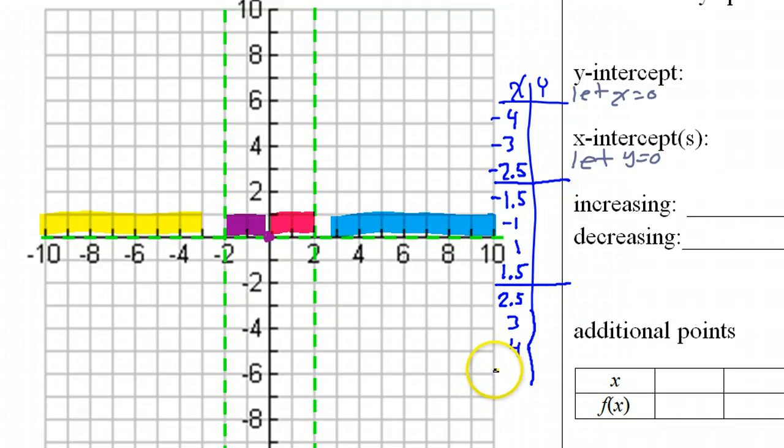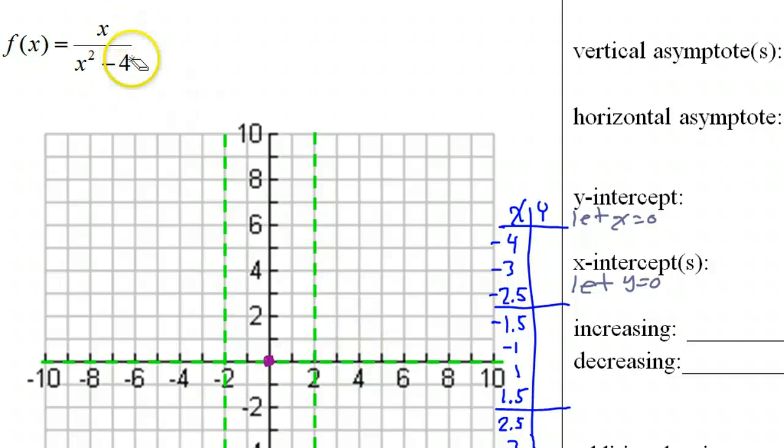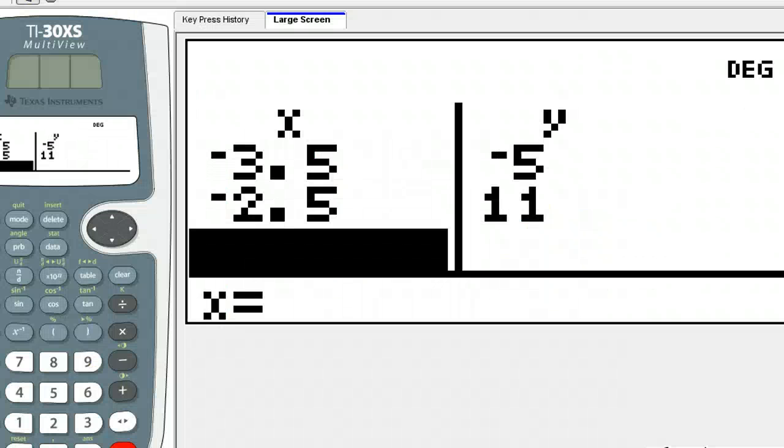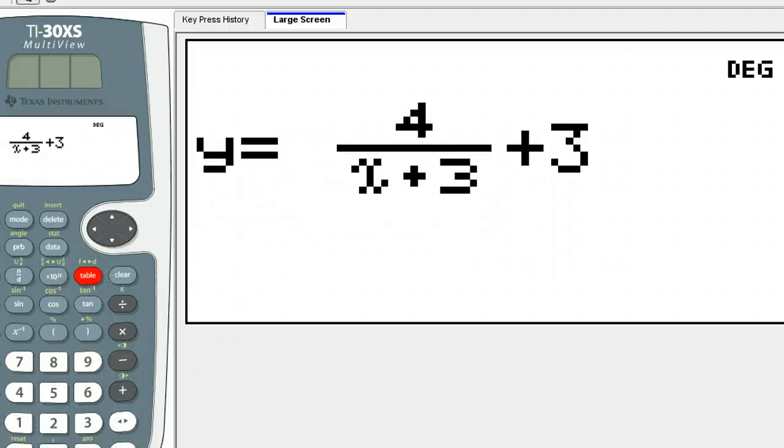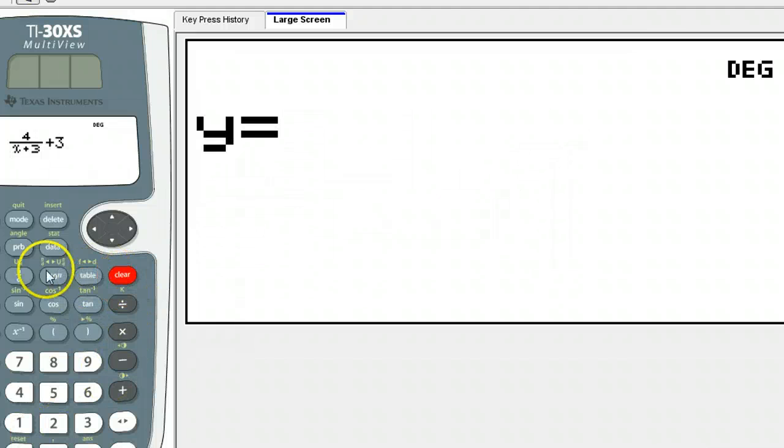To get these values, I will use my TI-30 XS MultiView. I'm just going to type this in, x over x squared minus 4. Hit your table button. Let's clear that out.